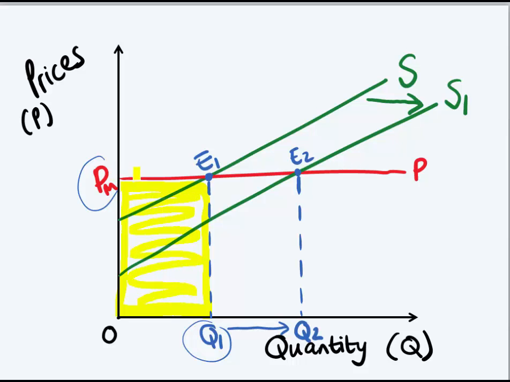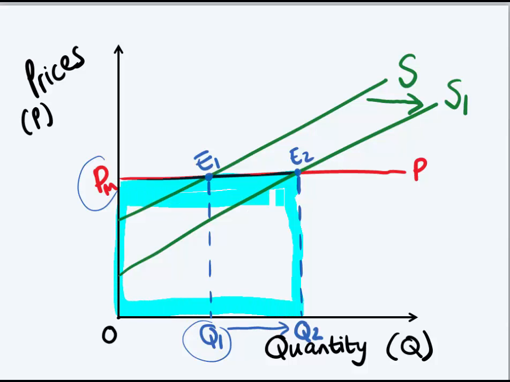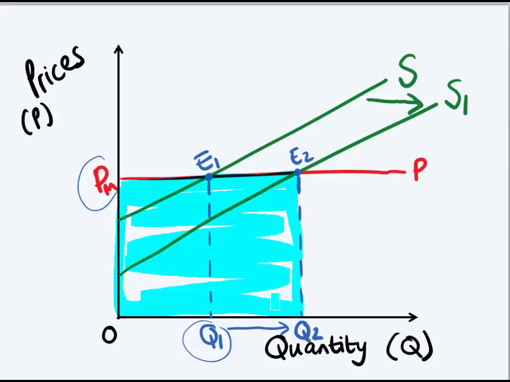It's just this value over here times this value over here, and it gives you this area. Right, after the increase in air quality, let me just take that yellow away. After the increase in air quality, now the farmer still sells at price P, but now he sells more at Q2. So this whole area over here is now the amount of money he gets in. So you'll see there's a huge increase of money coming in without him changing anything. He just reaped the benefits of improved air quality.